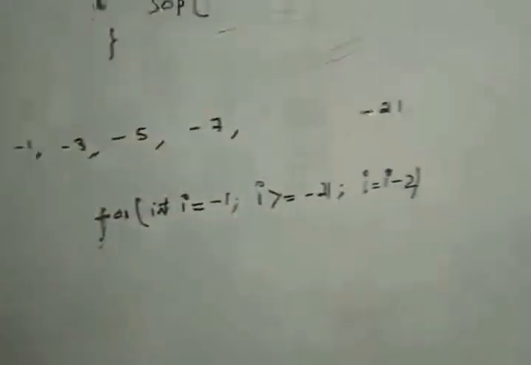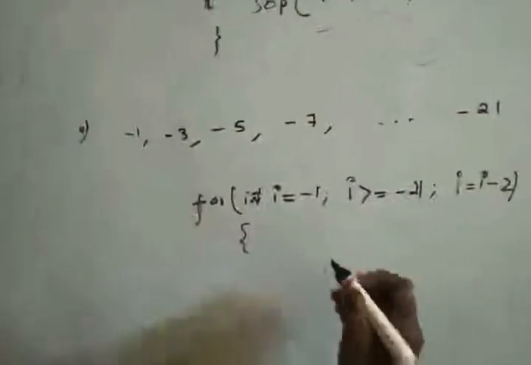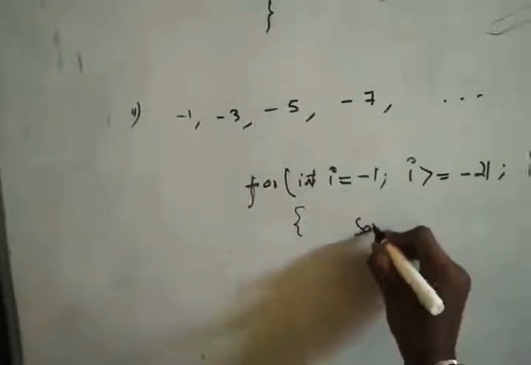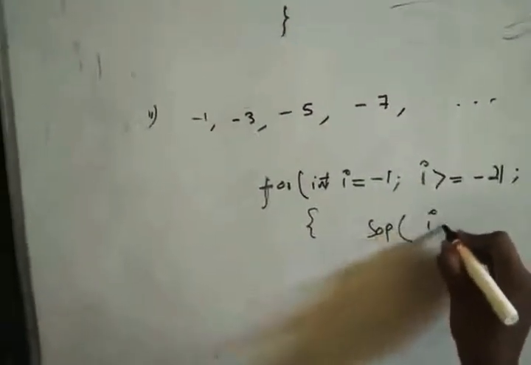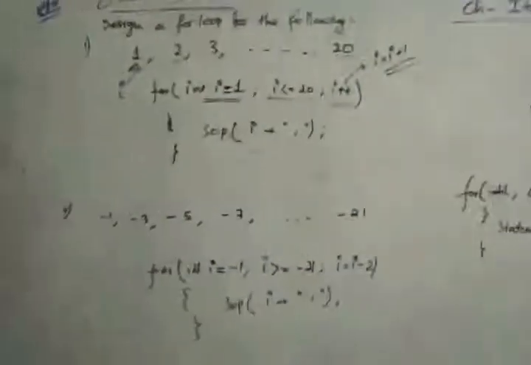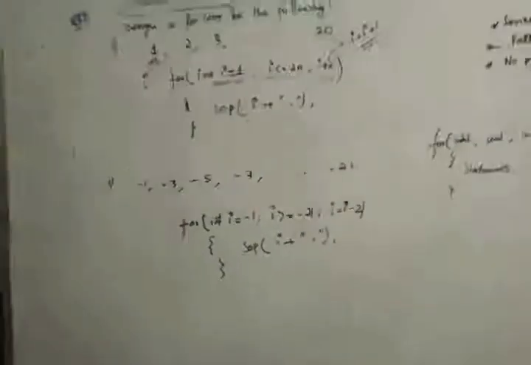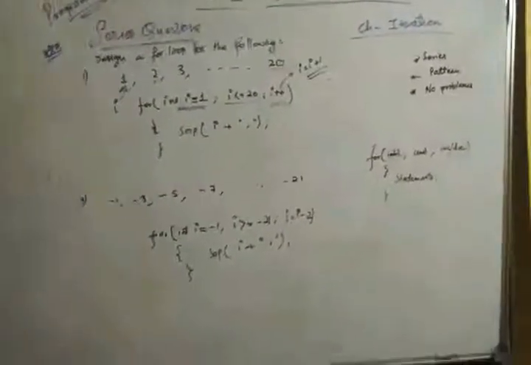Clear all of you? Understood? And what do I need to do? All these are the values of I. So SOP, bracket, I plus comma. Clear? Close the for loop. Okay, so this is how you design a for loop. Understood? Clear all of you?